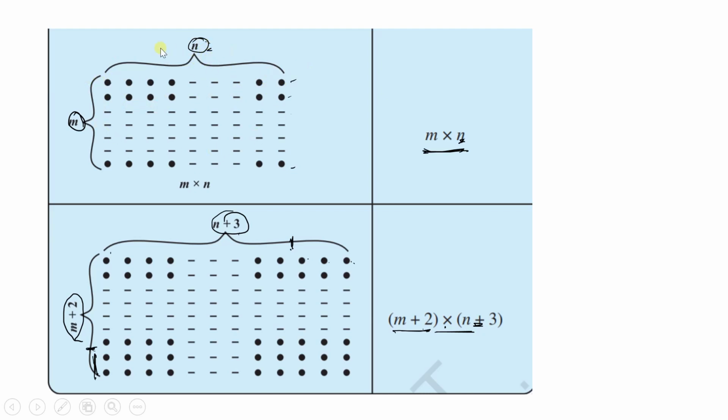Then the total number of entities in this pattern would be m cross n, or m by n. Here, the number of rows is m plus 2 and the number of entities in each row is n plus 3. Then the total number of entities in this pattern would be the product of m plus 2 and n plus 3.